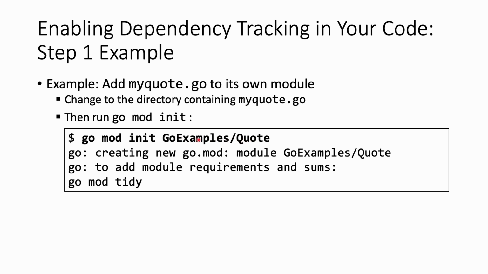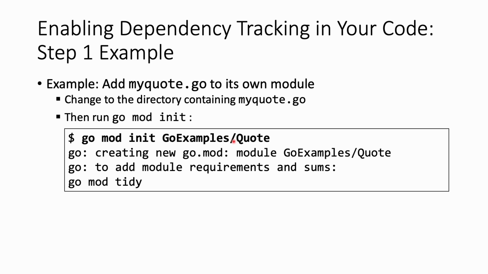Recall that the module path doesn't need to be the same as the path of the local directory containing the code. In particular, in Windows, the module path is still in the format of go-examples/code. That is, we still have to use the forward slash instead of the backslash in the module path.